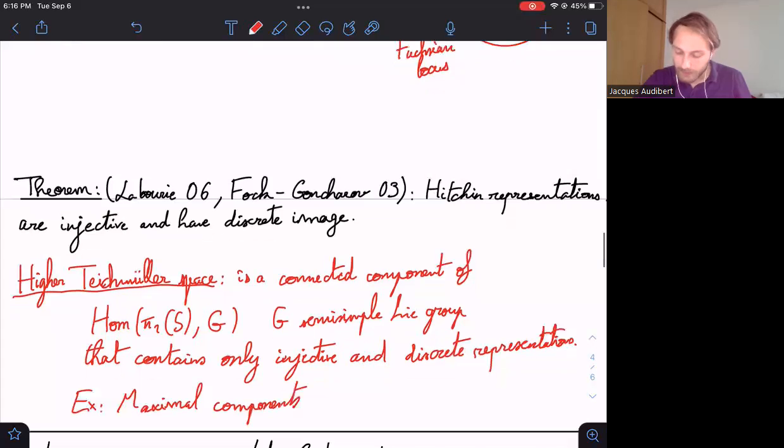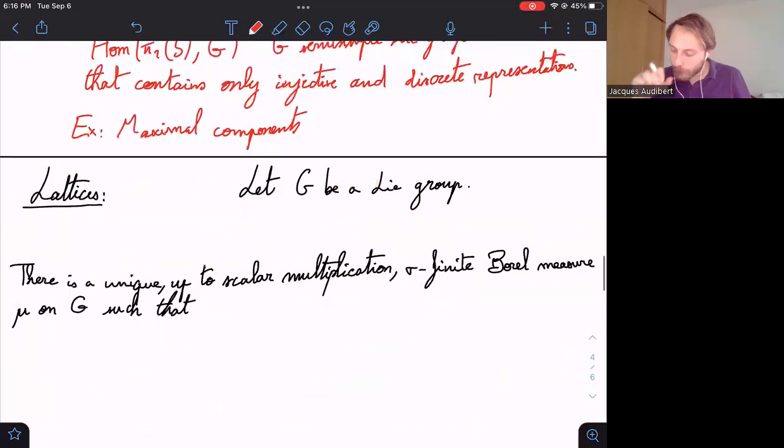Now we talk a bit about lattices. So we take G to be a Lie group. Then there is something called the Haar measure. The definition is a bit technical, but all we need is that it exists.